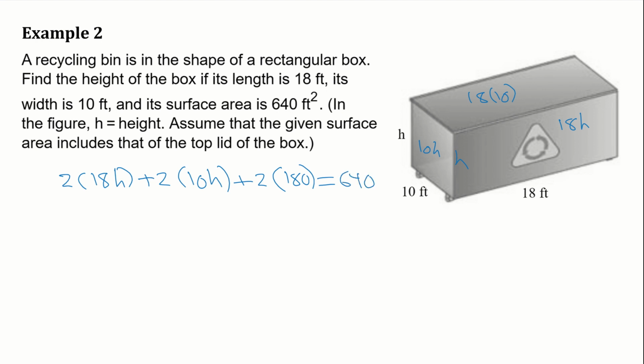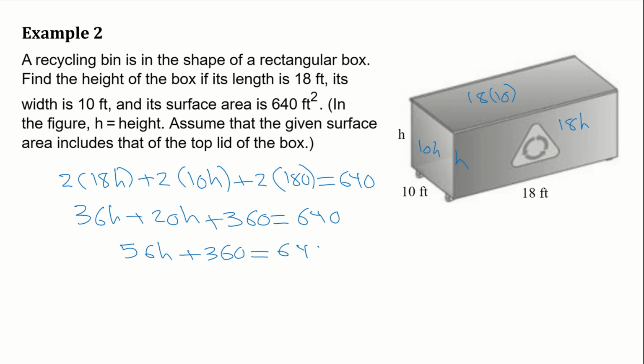So there's our translation. Now we just need to solve. 36h plus 20h plus 360 equals 640, so 56h plus 360 equals 640.